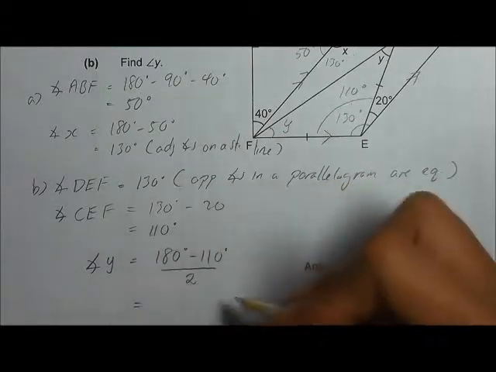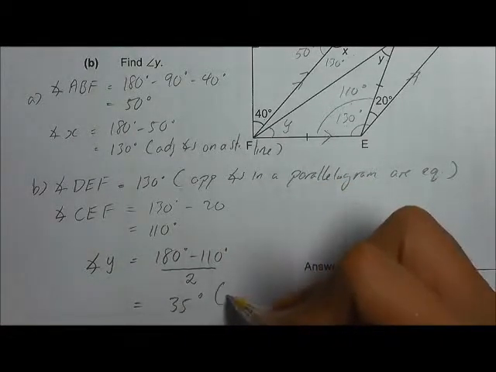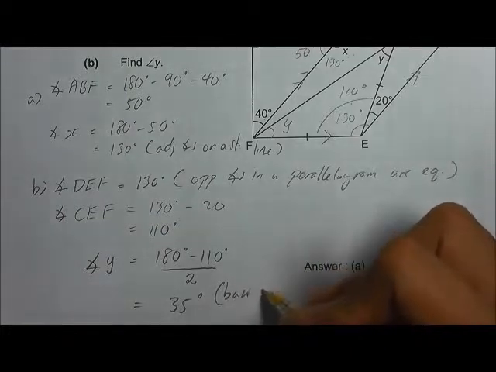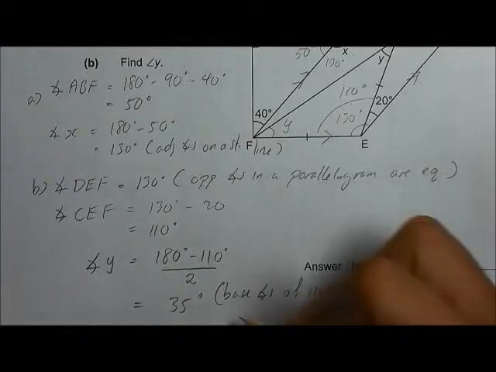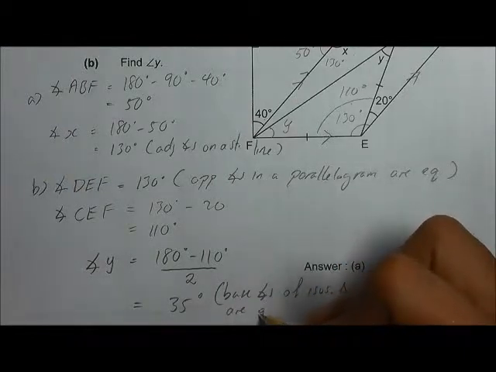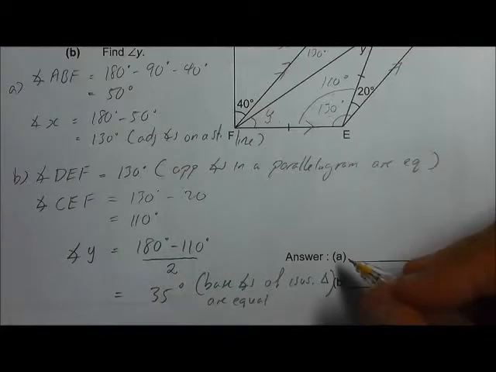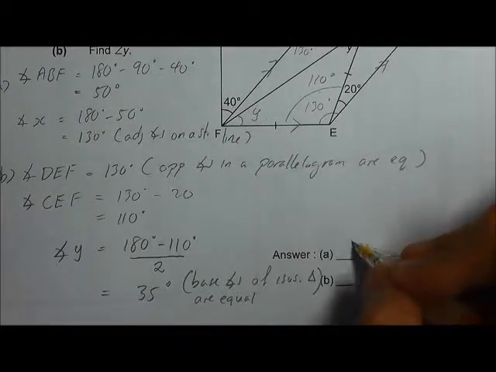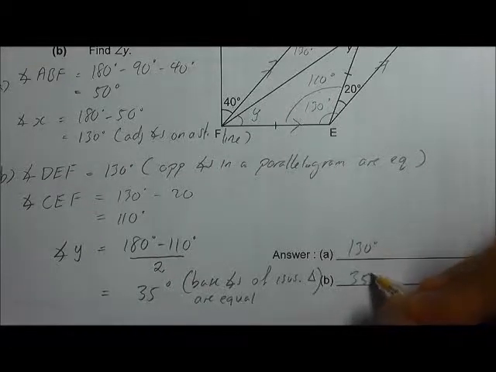That will give us 35 degrees. This is due to base angles of an isosceles triangle being equal. Okay, so for part A, the answer is 130 degrees, and part B, the answer is 35 degrees.